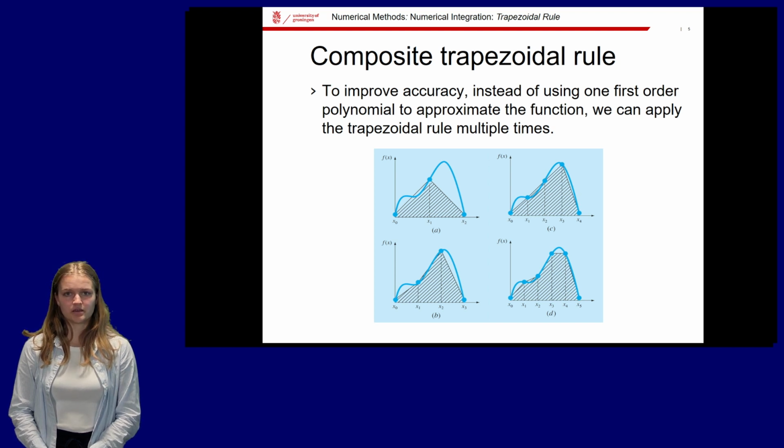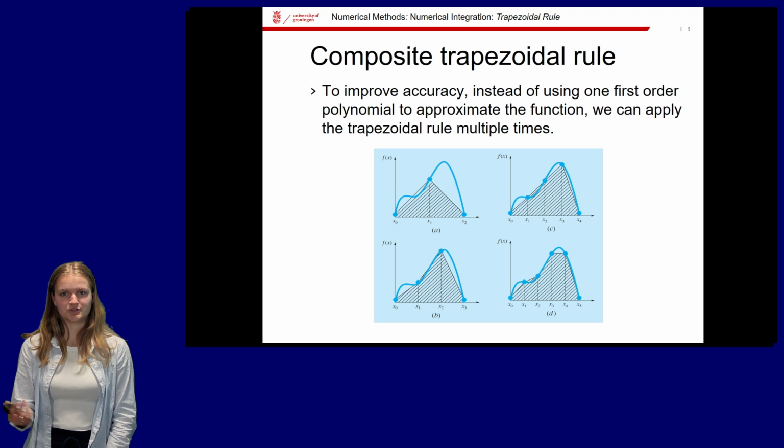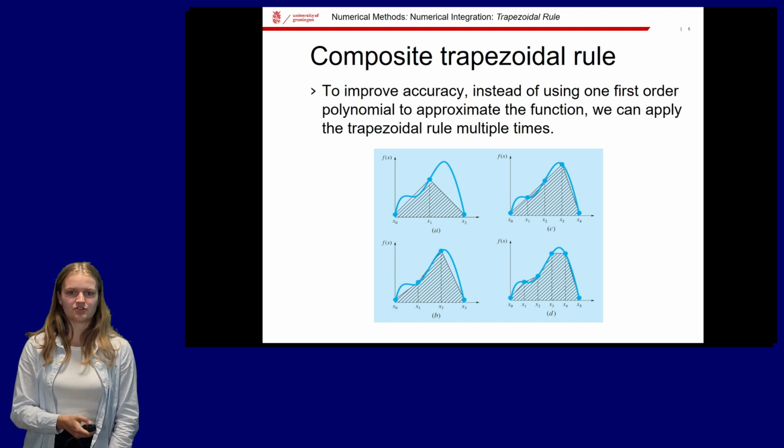In figure A, you divide the interval into 2 segments, figure B 3 segments, and it goes on and on. And as you can see, the area under the approximated functions becomes closer and closer to the actual integral.